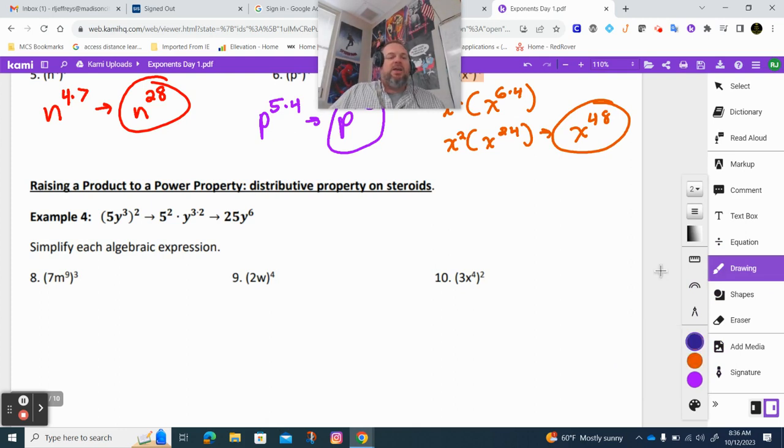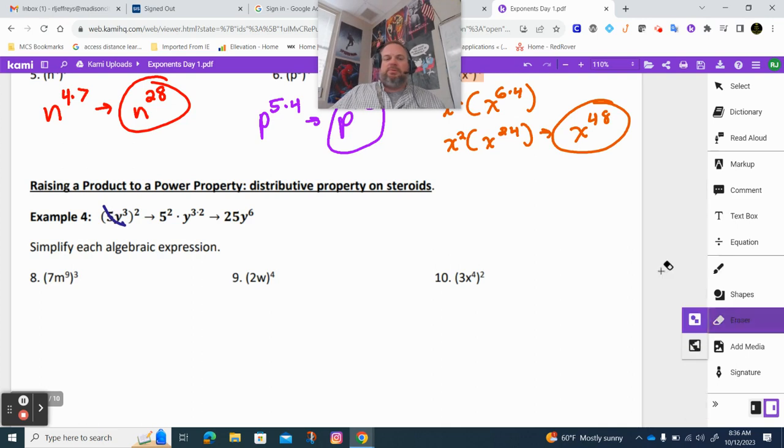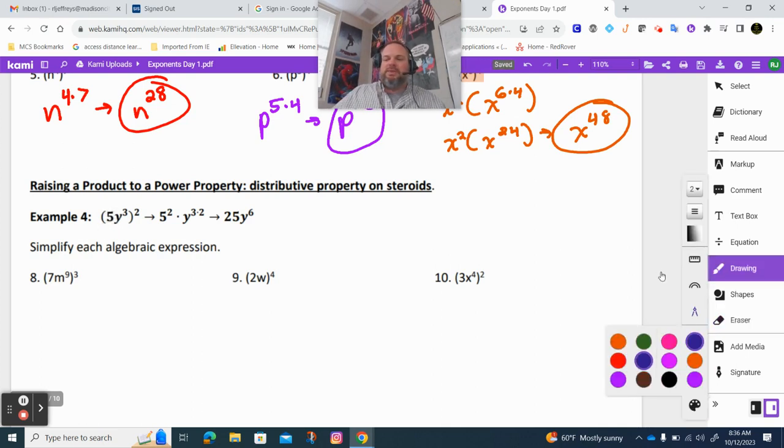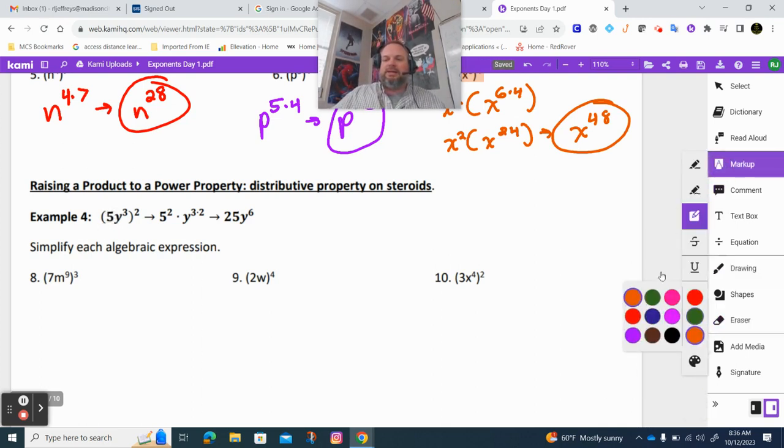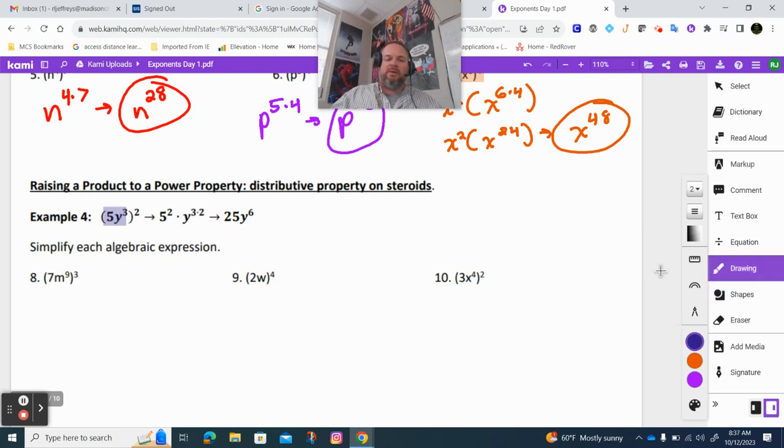All right. This part right here, all of that, is what is being raised to the second power. Now, some people will have to do it like this.